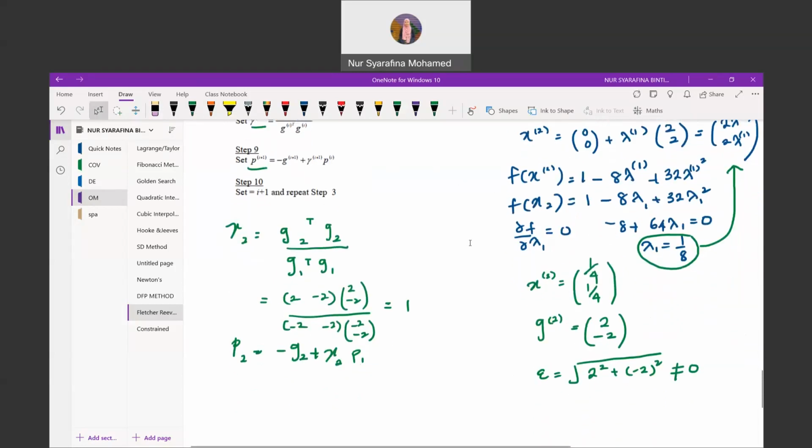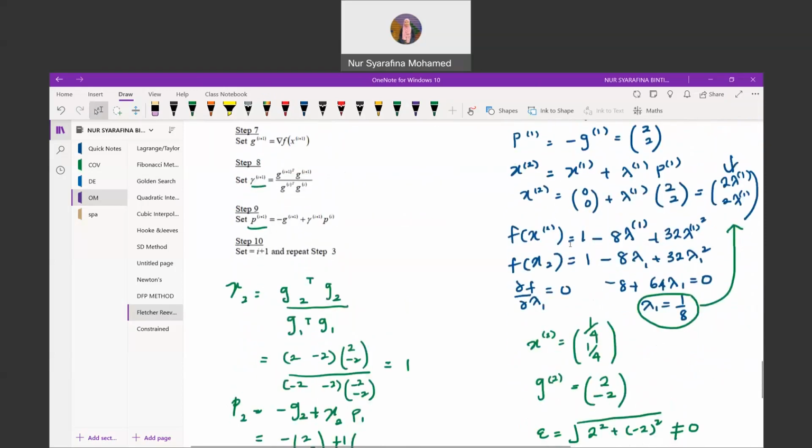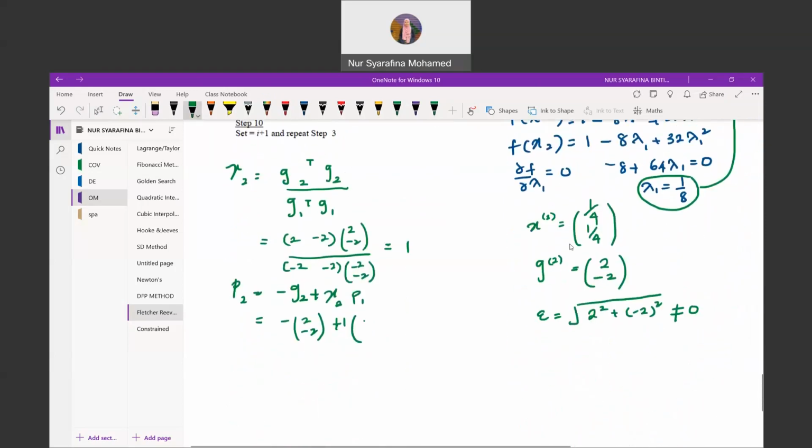Substitute the values here. We have negative G2, so (-2, 2), plus 1 times P1, which is (2, 2), which gives you (0, 4).